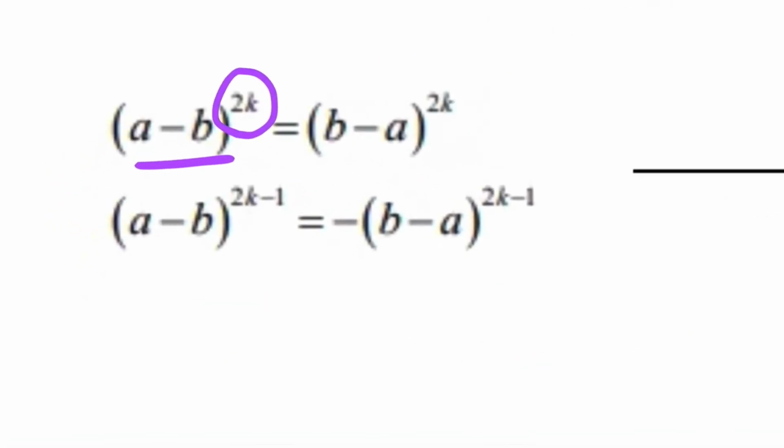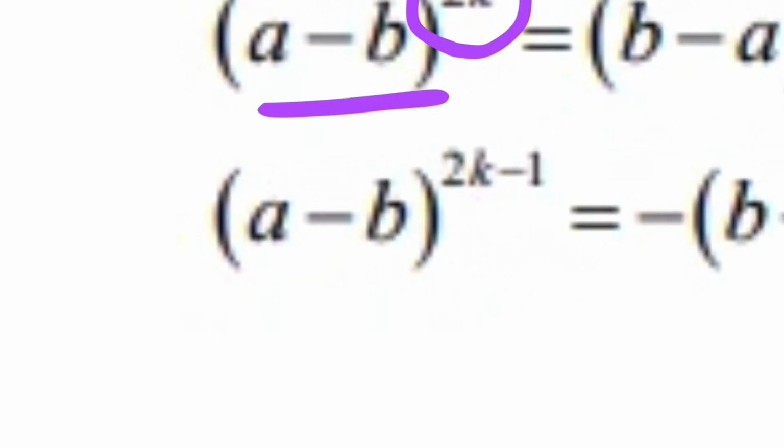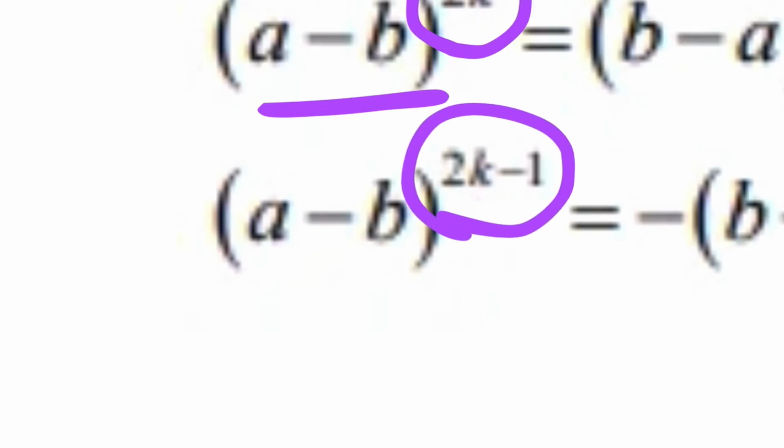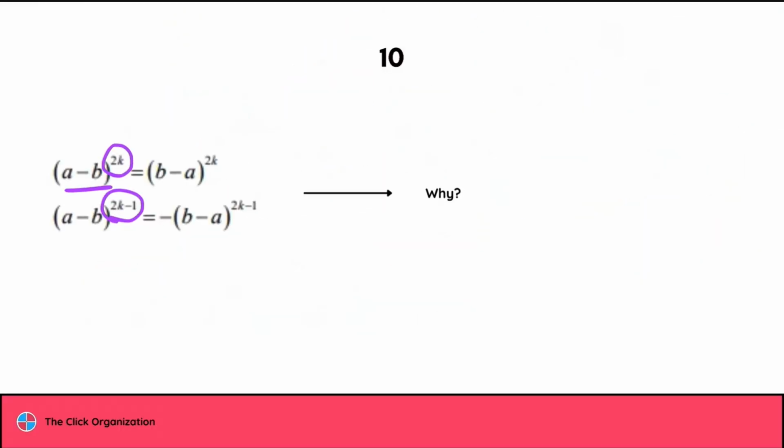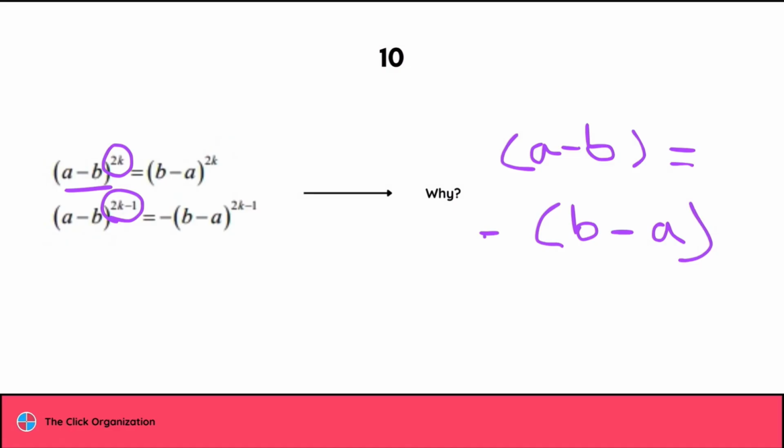Let's prove the second one right now. I have a power of 2k minus 1, and I know that this is an odd number, okay? So I have, again, a minus b, right? And if I want to change the order of this, it is going to be minus, b minus a. And right now, I know that here we have a 1, to make it easier for you, and both the parentheses, all to the power of 2k minus 1, which is an odd number.